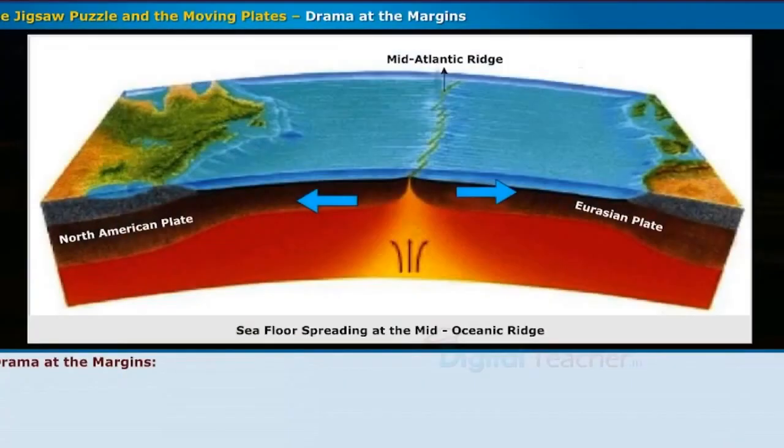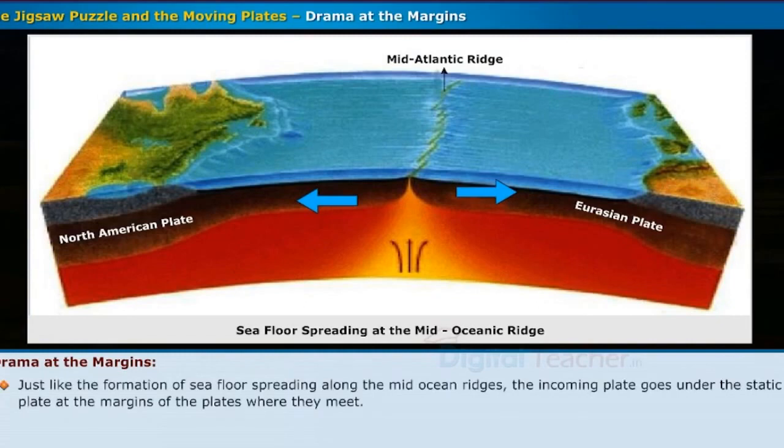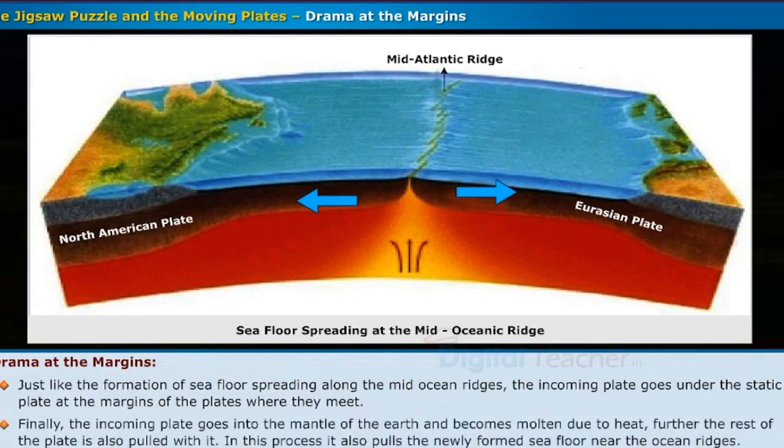Now, let us look at the actions which take place at the margins of the plates. Just like the formation of sea floor spreading, along with the mid-ocean ridges, the incoming plate goes under the static plate. The margins of the plates are where they meet. Finally, the incoming plate goes into the mantle of the earth and becomes molten due to the heat.